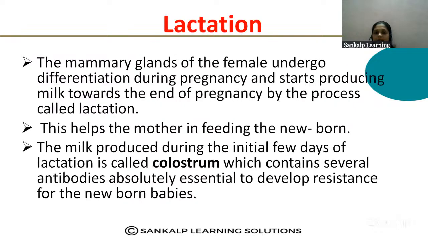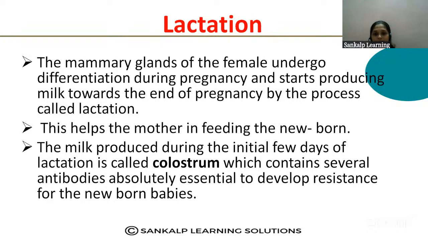Then lactation. The mammary glands of the female undergo differentiation during the pregnancy. Towards the end of the pregnancy, milk production takes place in the mammary glands. During the pregnancy time, the mammary glands are undergoing differentiation.